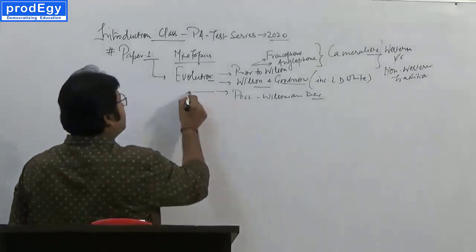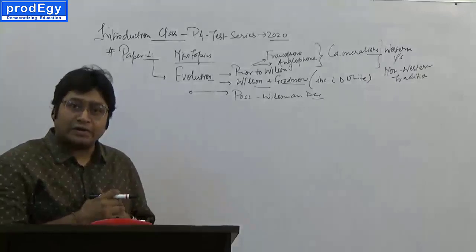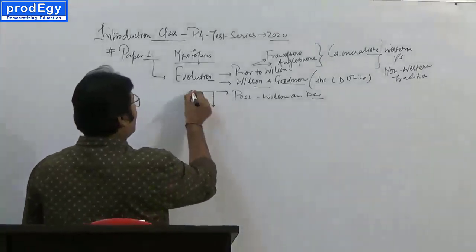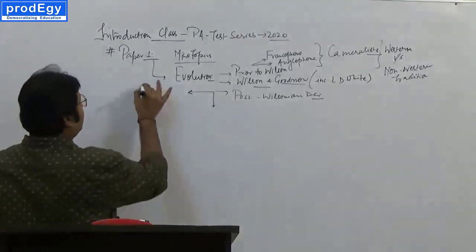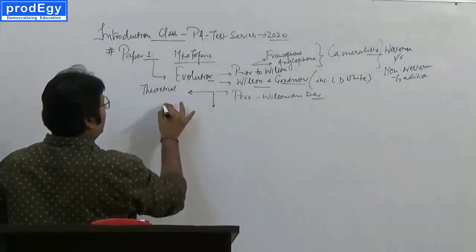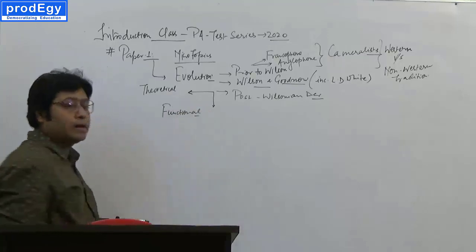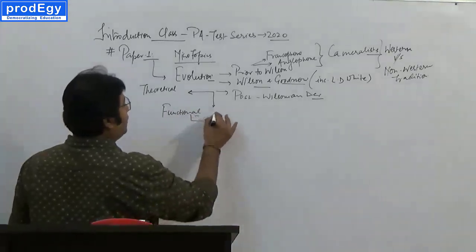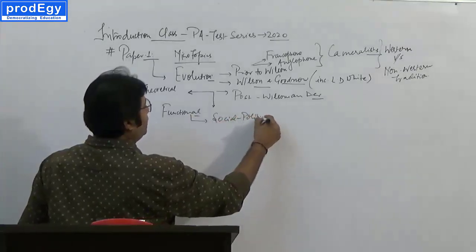Post-Wilsonian developments, obviously, you have to look at what were the later developments. Now these later developments can be classified into two parts. One, the theoretical, other is the functional, okay, which will include the social and political.